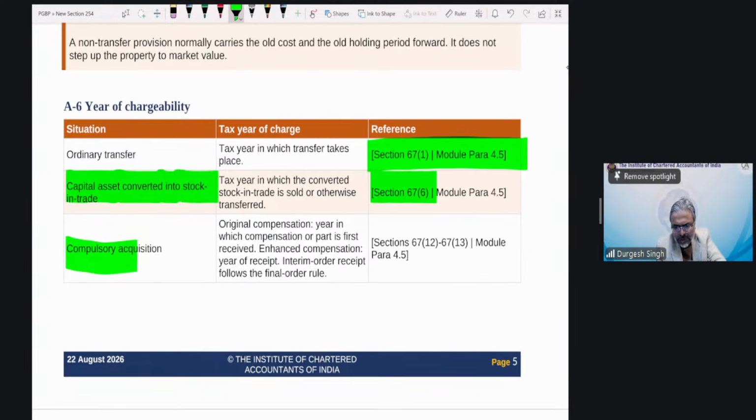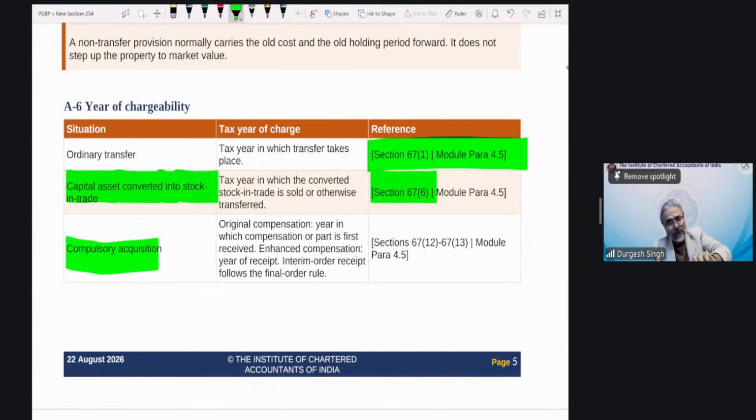Compulsory acquisition, students. Today itself we discussed that the government may compulsorily acquire. I told you, students, it is the first year in which you have received the compensation amount, not the year of compulsory acquisition, even if the compensation is received in part, it doesn't matter.